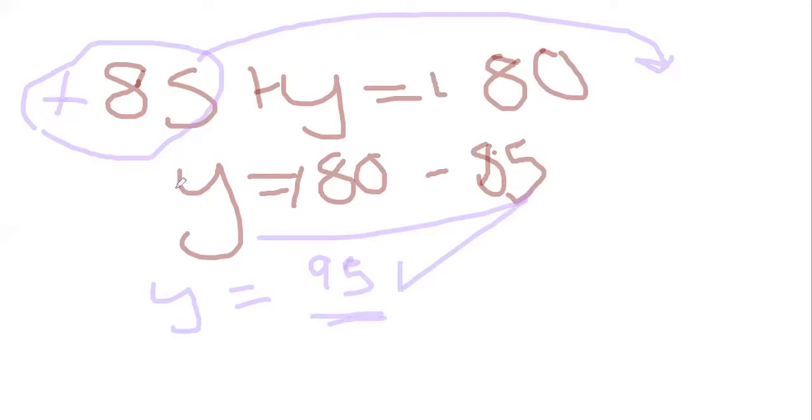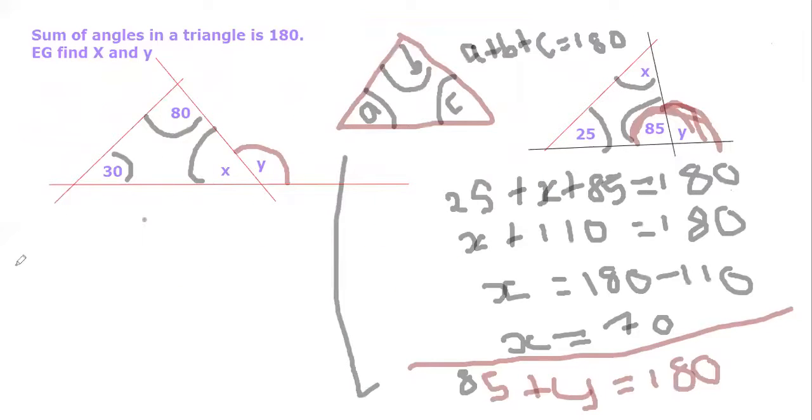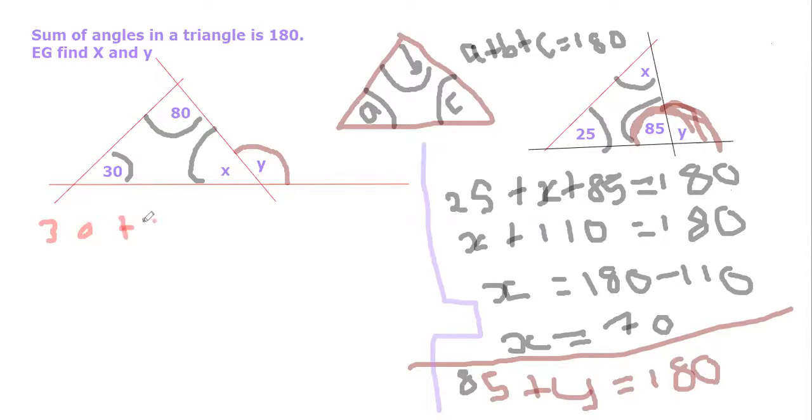So let's solve this one here, which seems to be very hard, but it is not. I hope we have time. Let me solve this. I'll just draw a line here. We'll start with this very fast. We know that 30 plus 80 plus X is 180.